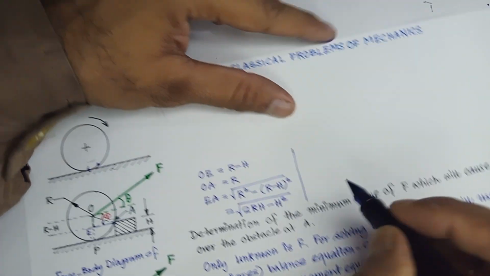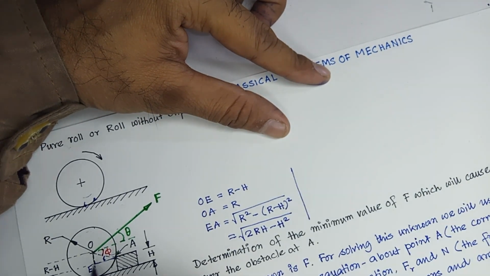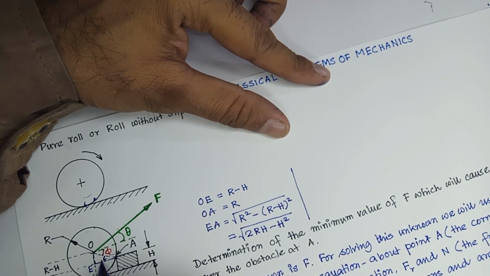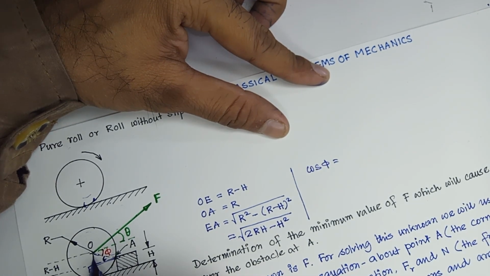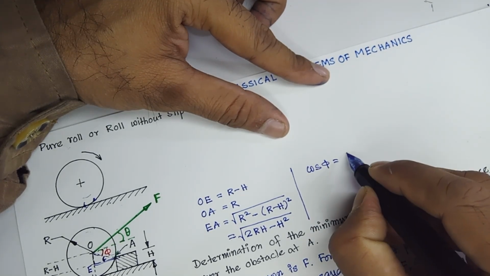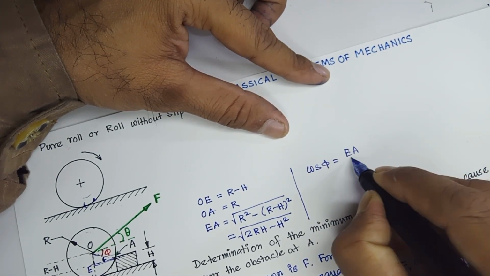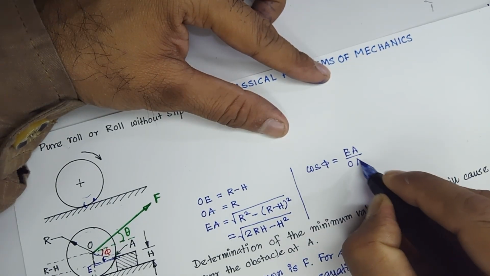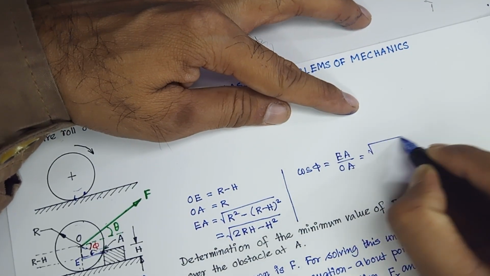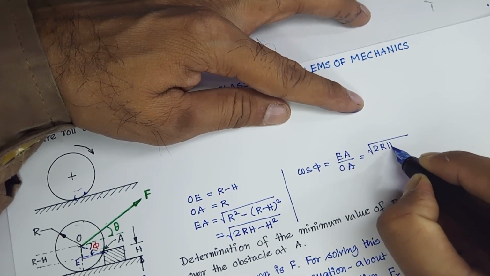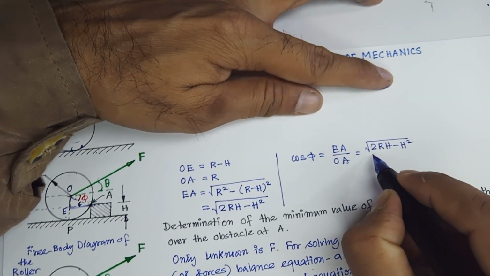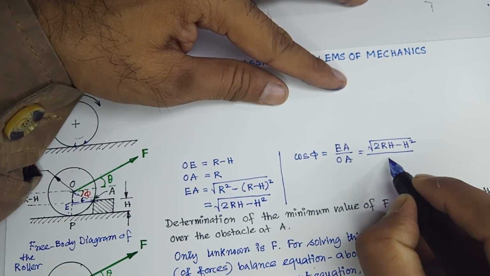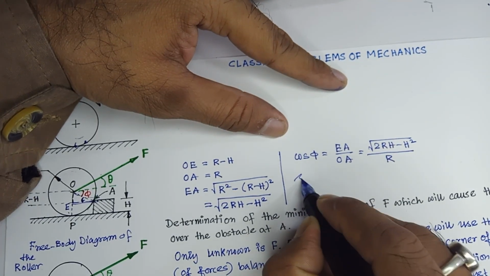Next, I can write that if this is phi, then cos phi is equal to this divided by this. So cos phi is equal to EA divided by OA, that is root over 2RH minus H square divided by R. And what is sin phi?